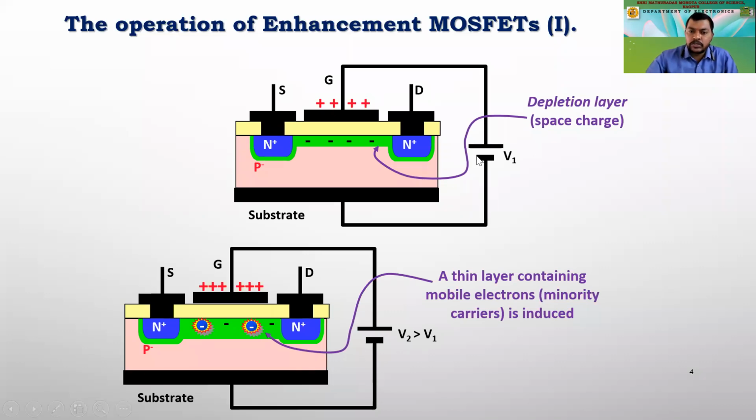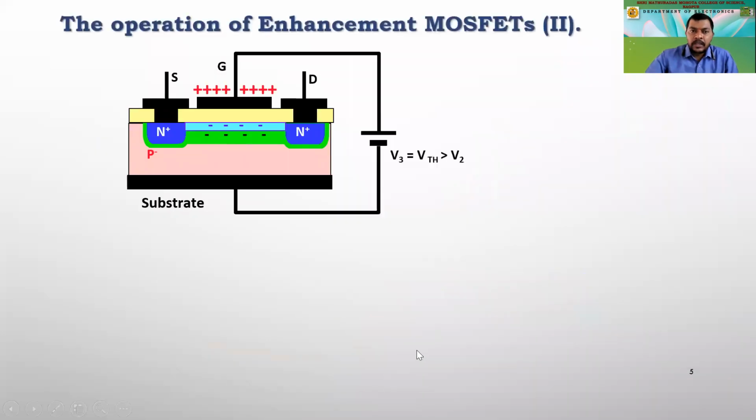Earlier it was V1, now we have increased it to V2, and due to the negative polarity of the battery, negative electrons are going to be deposited on this thin layer. So we are going to have two layers like this.